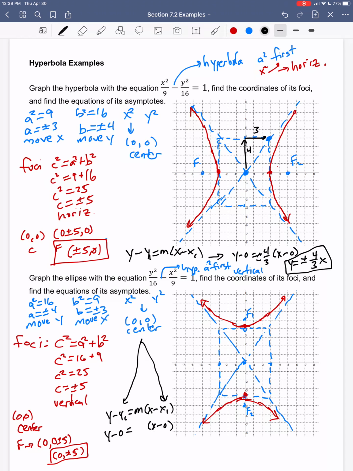And then for the slope, I start at the center and I go to one of the corners of the box and I just count how far up or down I'm going and how far left or right I'm going. So up 4 and over 3, change in y over change in x, I get plus or minus 4/3. So we get exactly the same asymptotes that we had in the first example.